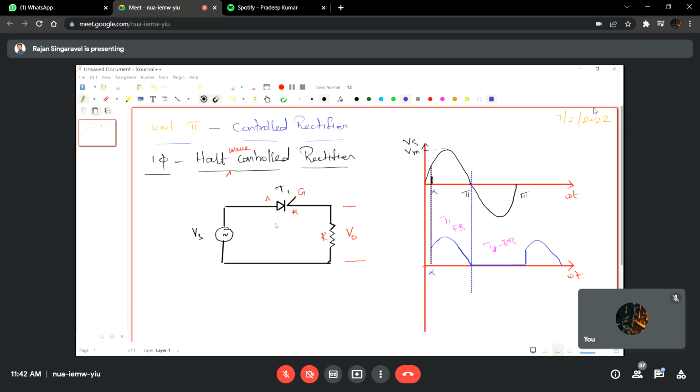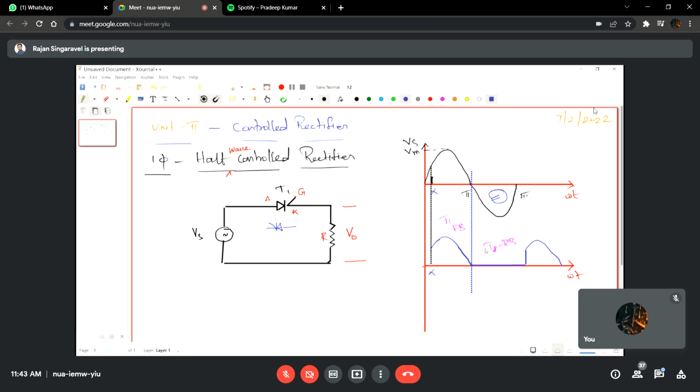In case this thyristor is connected the other way in the same circuit, then we will be able to control only the negative half cycle, and the output will be available there, not in the positive half cycle. But anyhow, only one half cycle can be controlled. That's why the circuit name is half wave controlled rectifier, single phase half wave rectifier.